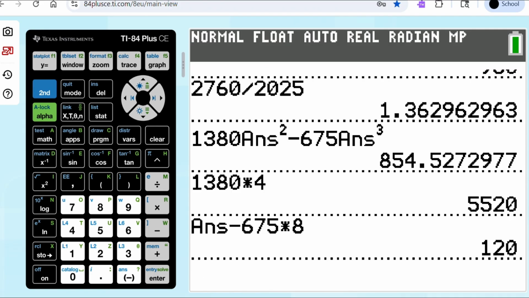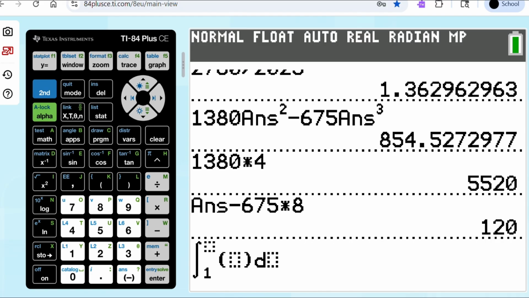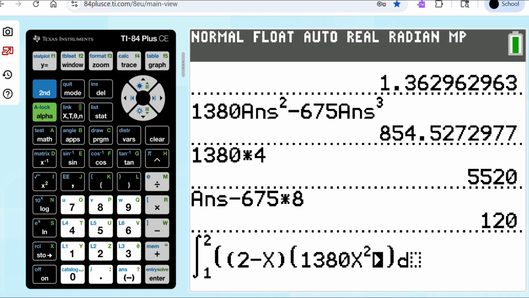So we're going to hit math, option number 9 again, and we're going to integrate from 1 to 2 of this w prime function, which is 2 minus t, and again, we're using 2 minus x, and then times the function, which was 1380x squared minus 675x cubed.